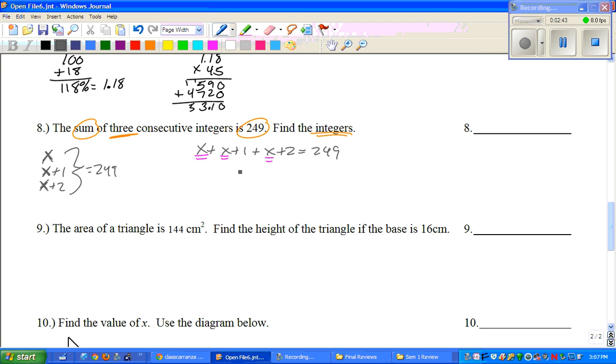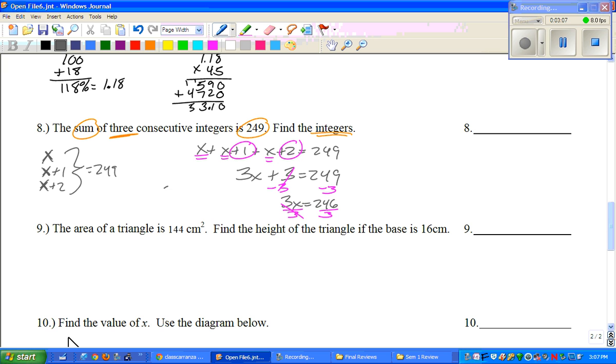Combine your like terms. 3x plus 3 equals 249. Solve for x. We get 3x equals 246.